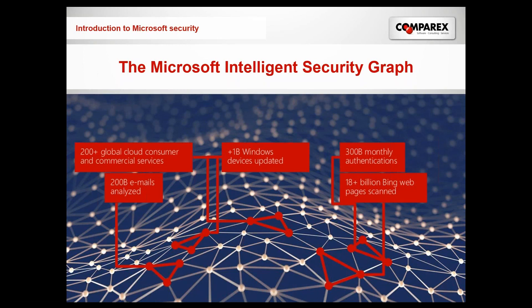The Intelligent Security Graph is something that Microsoft has been building for quite some time, and it's, you can say, the baseline of information that Microsoft uses to determine what type of threats are prevailing at any time, where the threats occur, when the threats occur, and who typically will be compromised by such threats.